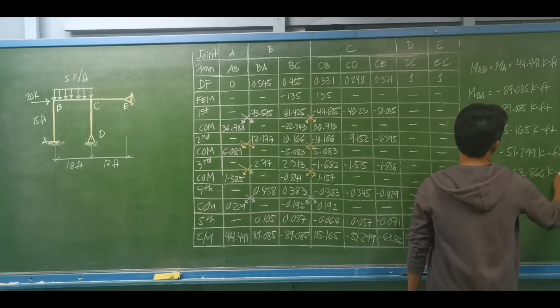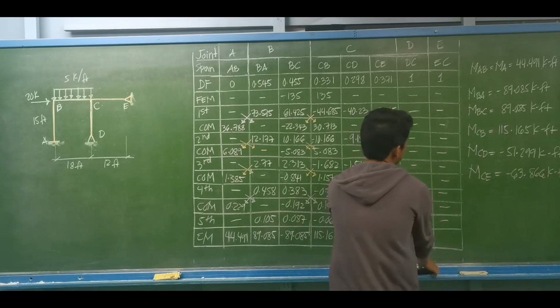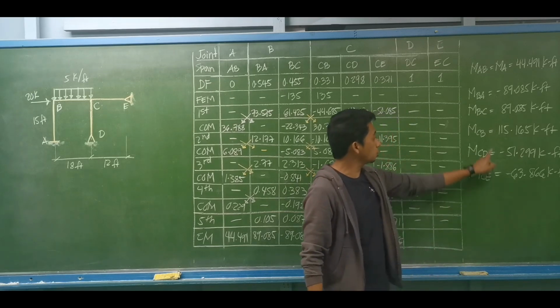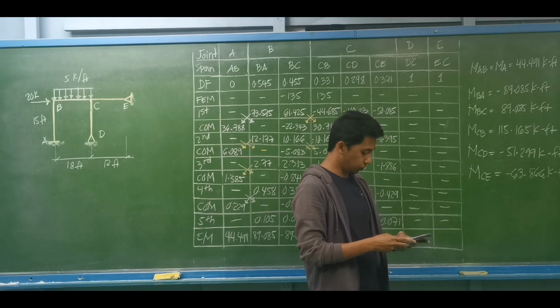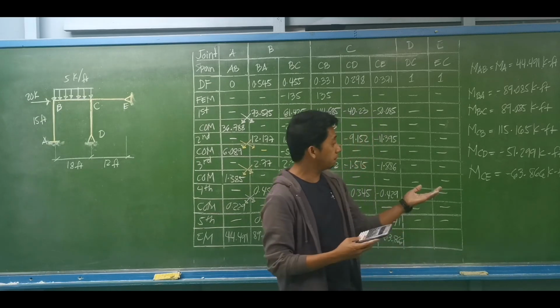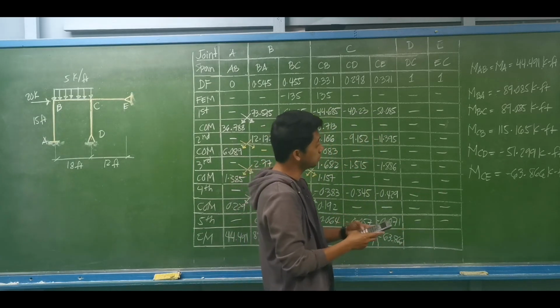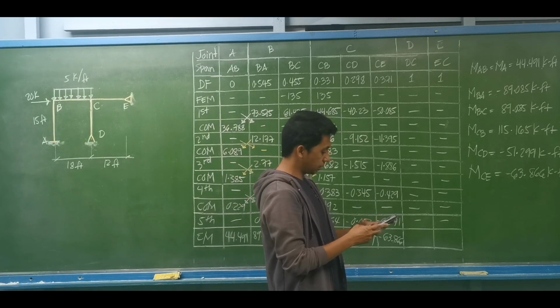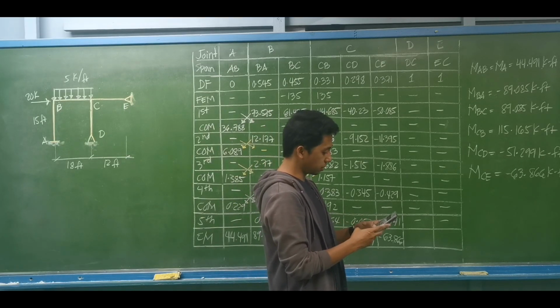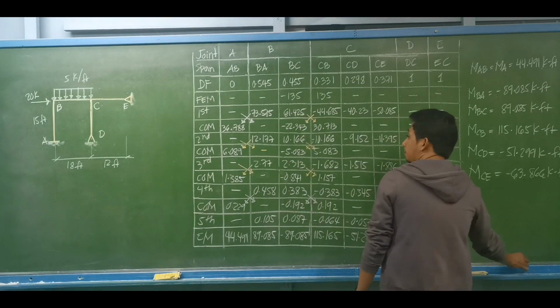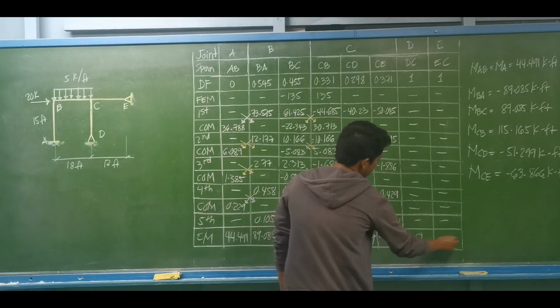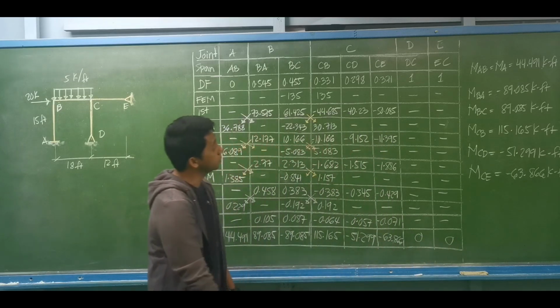As a check, the moment for CD plus CE should be equal to the moment for CB. Negative 51.299, if you were to draw the free body diagram, it should be in equilibrium. Then negative 63.866. So it's the same as 115.165. So again, points D and E have zero moments since they are hinged.